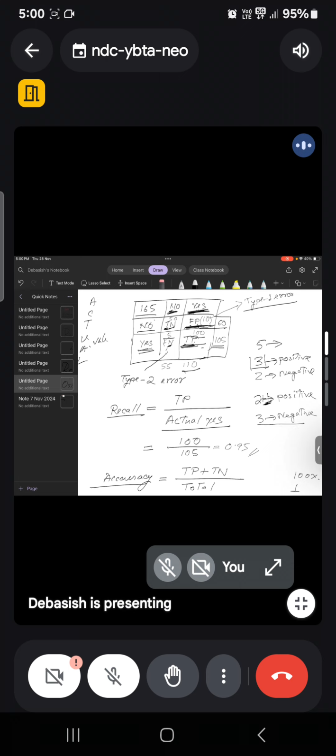Basically negative should be 2, but it is saying 3. So basically we are declaring a person as negative, falsely negative, by the system. In here we have to also take the false positive and true positive.